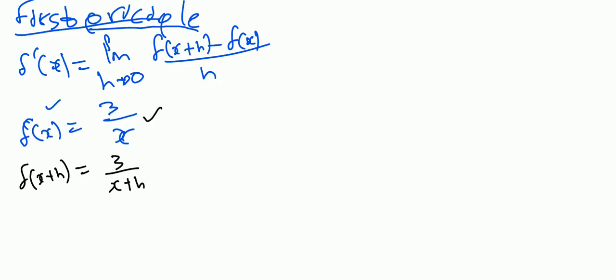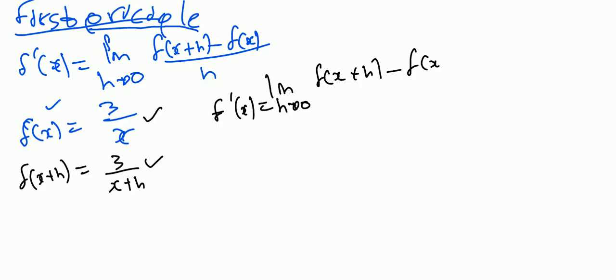So since we have our f of x and our f of x plus h, we can now use our formula. We are going to say f prime x will be the limit as h approaches 0, f of x plus h minus f of x all over h. Remember, we continue writing the limit as h approaches 0 until we substitute 0 where we see our h.